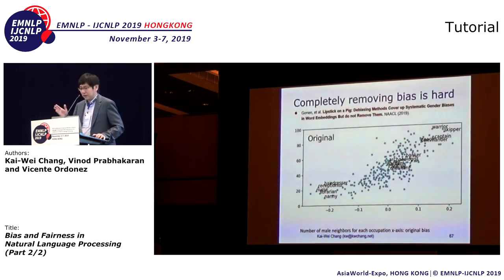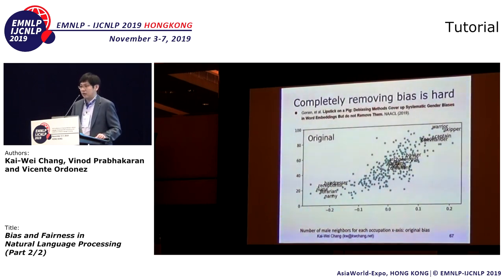In this figure, the x-axis is the original gender projection of the original word embedding. The word on the left is closer to female, and the word on the right encodes more male information.